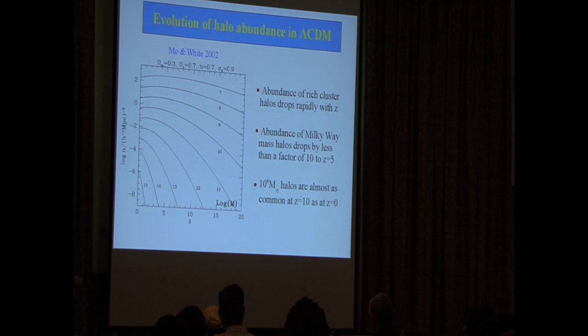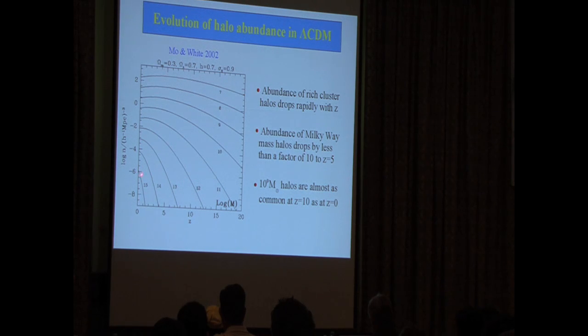And some of these things may look surprising. If you look at the rich clusters, you go to redshift 1, and they've already dropped by 2 orders of magnitude. This is why people use the cluster abundance to measure cosmological properties. They're predicted to depend very strongly on redshift, and this drop-off depends on the growth factor over this interval.